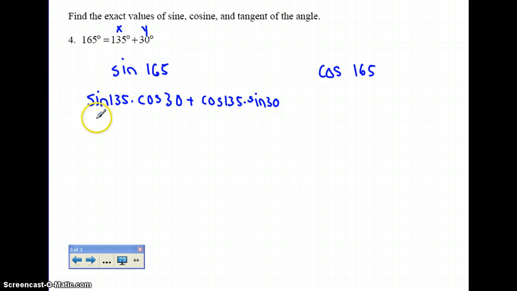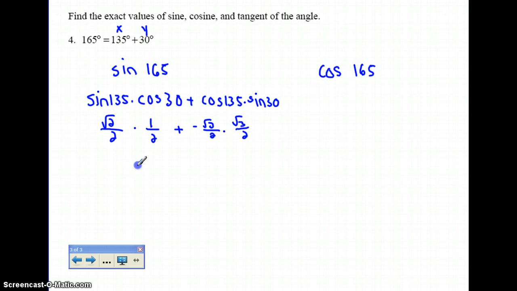When I look at the sine of 135, that is radical 2 over 2. And the cosine of 30 is radical 3 over 2. Then the cosine of 135 is negative radical 2 over 2. I'm just getting that from the unit circle or the chart that I gave you guys. And then the sine of 30 is 1/2. Now I'm just going to multiply these terms.